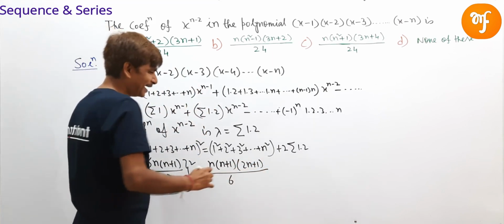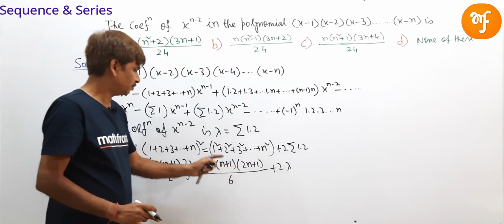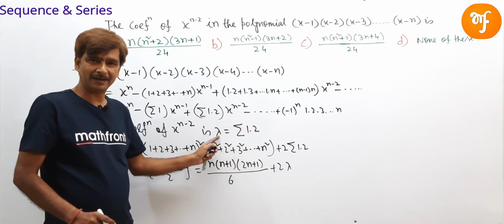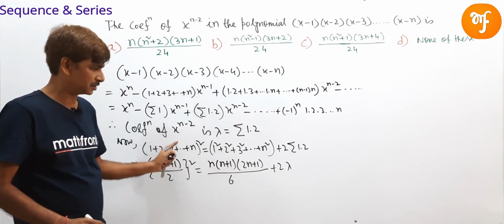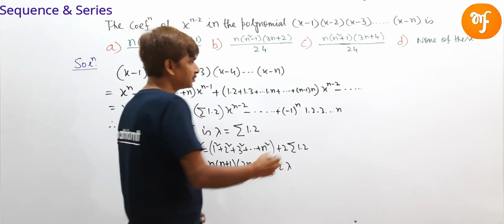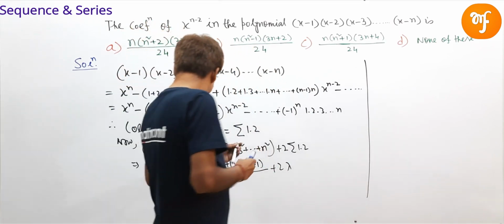Okay. Plus 2 into lambda, because we already gave the value of summation of 1 into 2 as lambda, which is the coefficient of x to the power n minus 2. So we have to just find the value of lambda. Okay. So simplifying it, look.